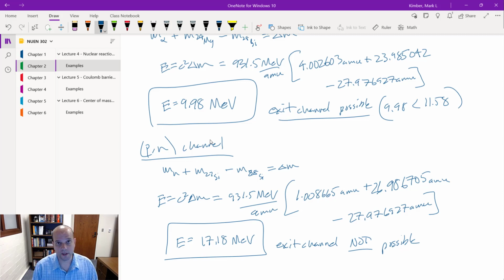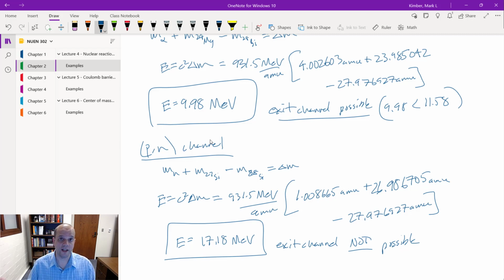And then I have these possible exit paths. On paper, all this works great, but we'll find out towards the end of the lecture today that with a proton being sent into a nucleus, we need to look at a few other factors to see if this actually will happen. But given the fact that it does, then we have 11.58 MeV available to us to go down exit paths.